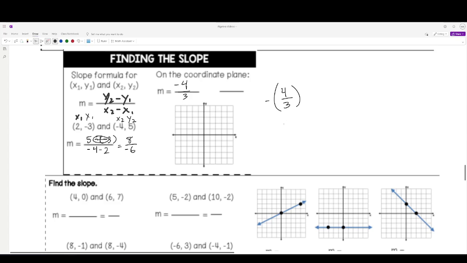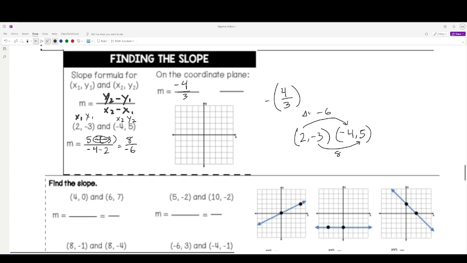So I promised you I was going to show you an alternative here. What I typically do rather than using the slope formula is treat it as if these two ordered pairs were in a table. So I say this is my change in x, and this is my change in y. Just like we did with the tables up above, I'm going to go from -3 to 5, I'm adding 8.